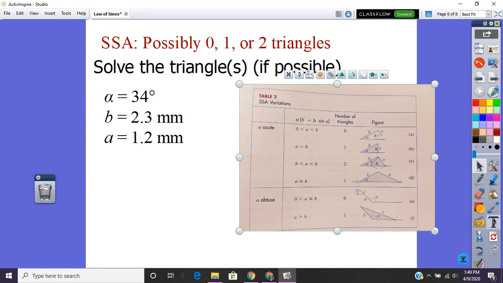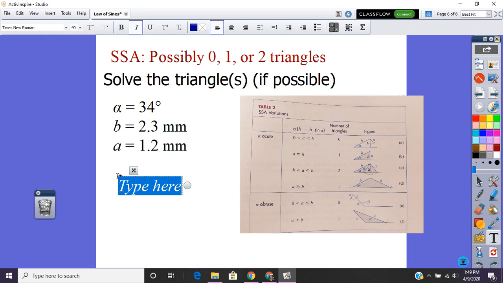So now let's figure out H. H is going to equal B, which is 2.3, times sine of alpha, which is 34. Now I'm actually going to do that calculation: 2.3 times sine of 34. And I got H to be 1.286.